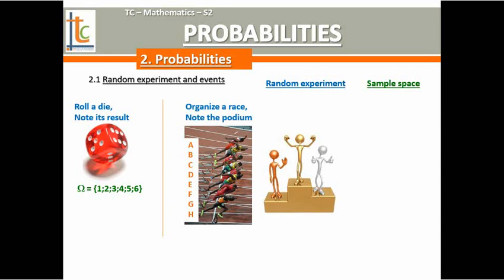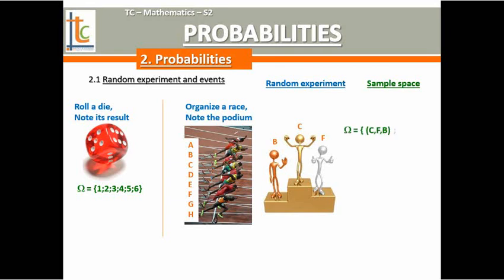So let's name the opponents A, B, C, D, E, F, G, H. And then one possible podium could be C, F, B. So omega, your sample space, contains at least one element, which is CFB.